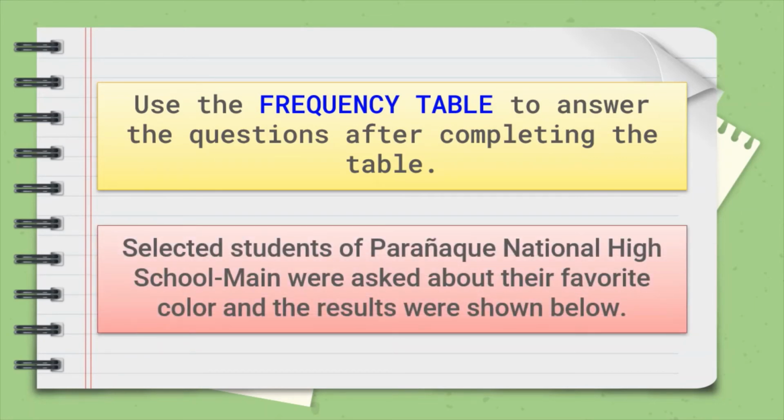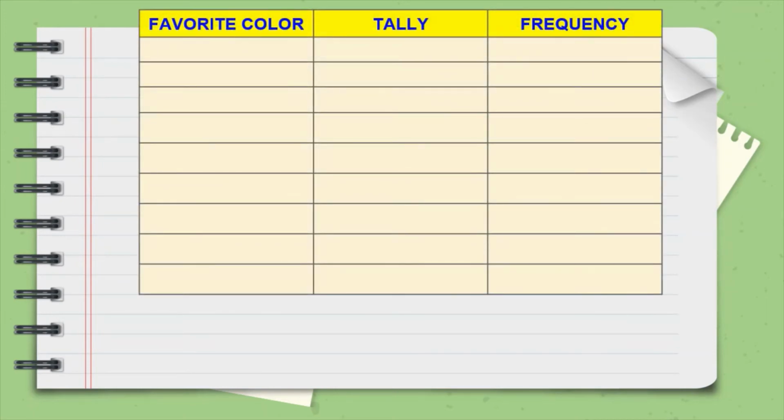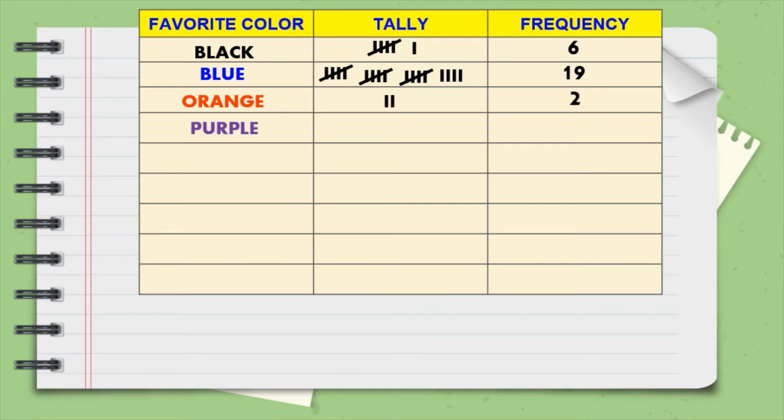Selected students of Parañaque National High School were asked about their favorite color and the results were shown below. Okay, favorite color, for example, black. So, they got 6. In blue, they got 19. Orange, we have 2.